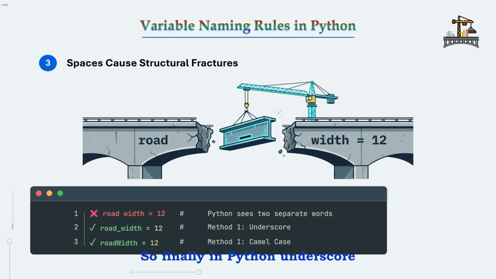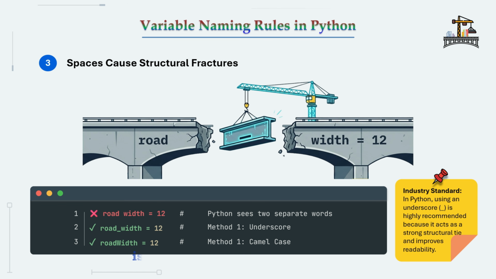So finally, in Python, underscore is highly recommended because it improves readability and makes variable names easier to understand. So the rule number 3 says variable names should not contain spaces. If there are multiple words, use underscore or you may use camel case.